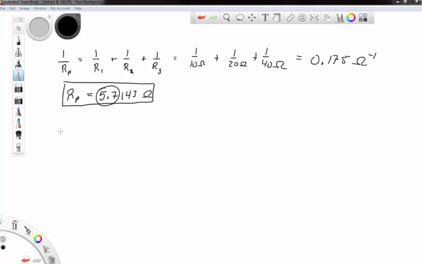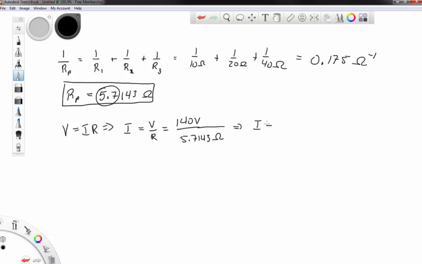Okay, the next question was how much current is going through this circuit as a whole. So the current for the circuit as a whole looks like this. You use Ohm's law, V equals IR. So we can solve that. I is going to be V over R. So that's going to be 140 volts divided by 5.7143 ohms.